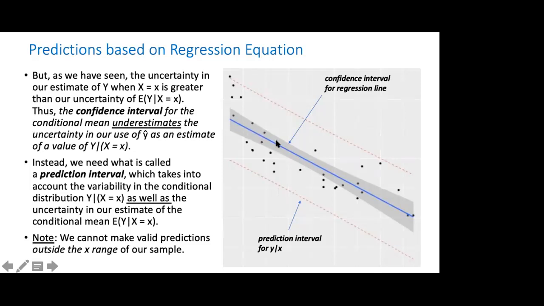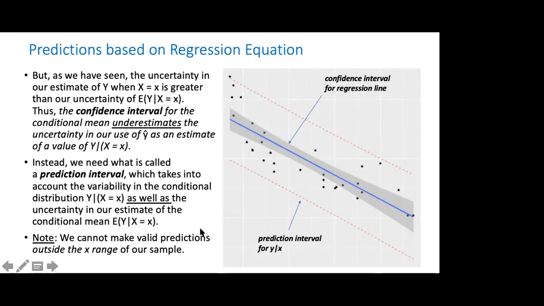So there is an uncertainty as to the true regression line in our population, the true conditional means, how much they vary, so how much our sample estimate might deviate from this true regression line.